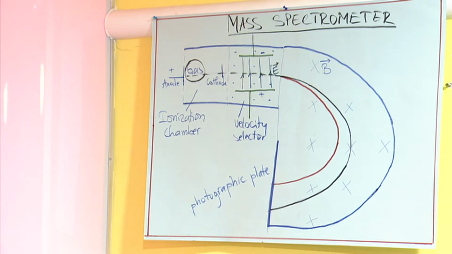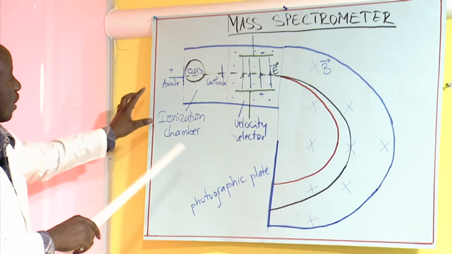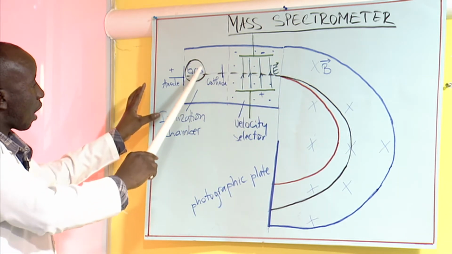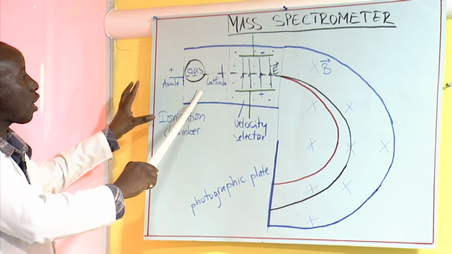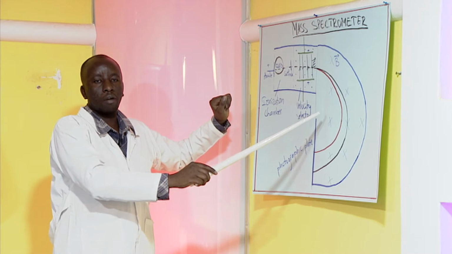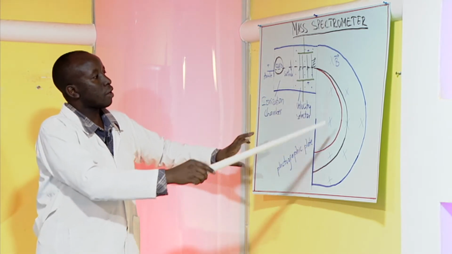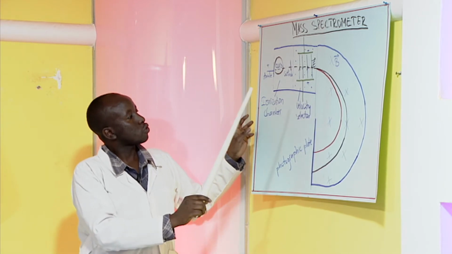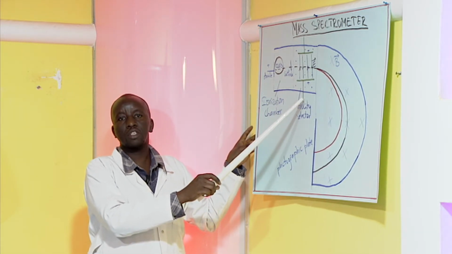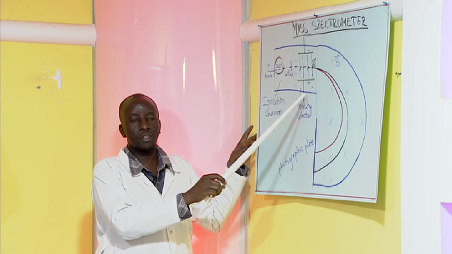So here we have an ionization chamber, which is where we have a gas. And then we have the vacuum chamber. This also is a velocity selector.